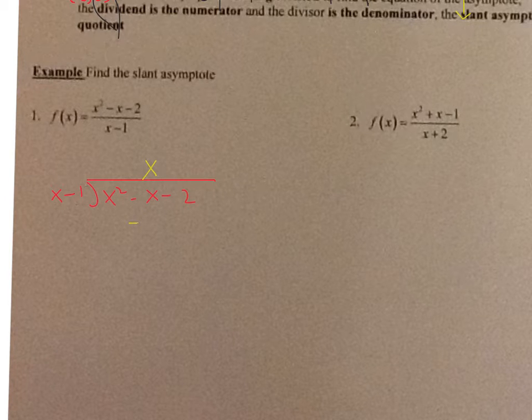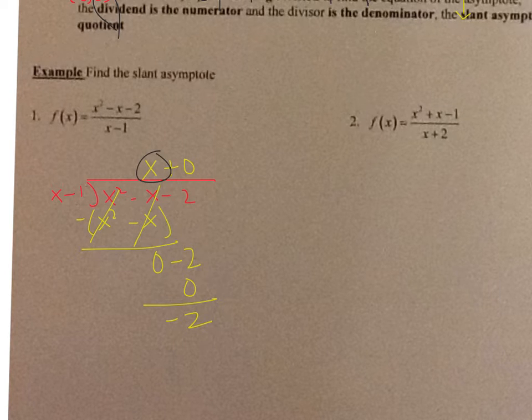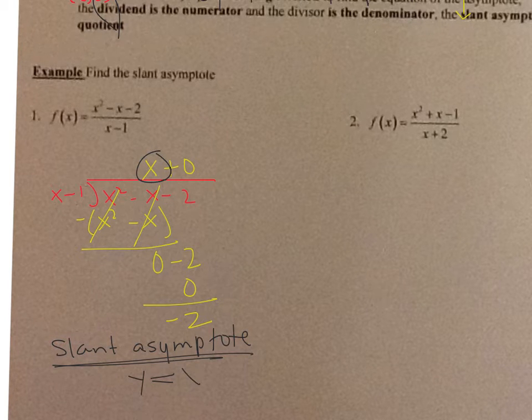I multiply down, I get x squared minus x. Subtract. That cancels, and this also cancels, so I have minus 2. Bring it down. So my remainder is negative 2. So my quotient and my slant asymptote is y equals x.